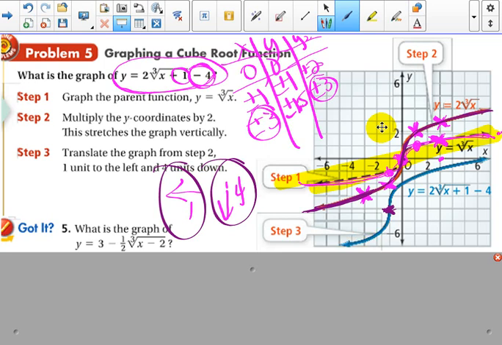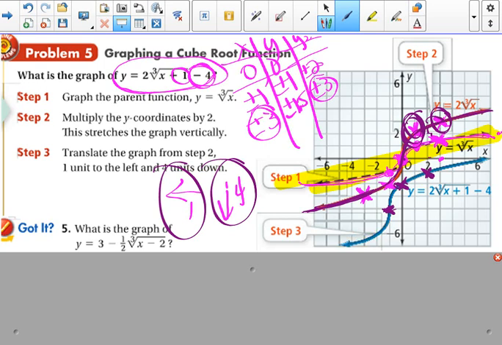So I'm going to do this one here. I'm going to take it back 1 and down 4. 2, 3, 4. So I'm here. And the next point I picked, this one. So we're going to go back 1 and down 4. 1, 2, 3, 4. Right here. So there's that.